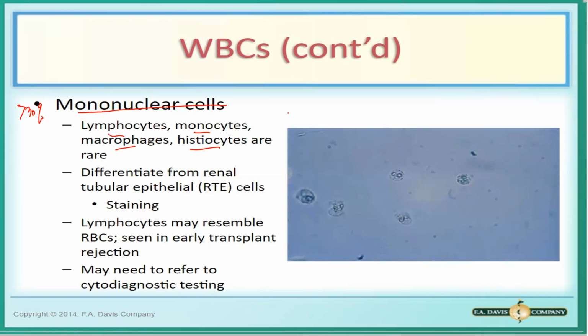And then lastly, presence ng lymphocytes is also seen in renal transplant rejection. So that's what you should remember for WBCs.